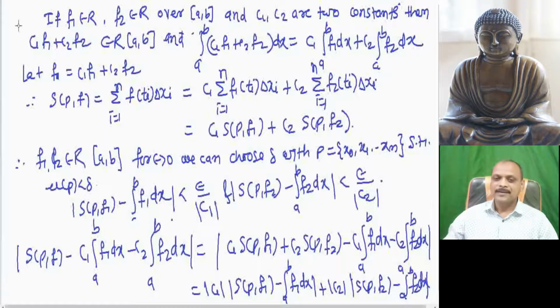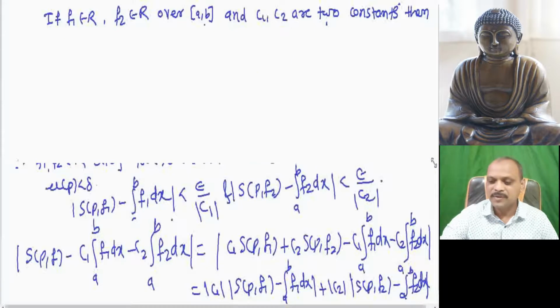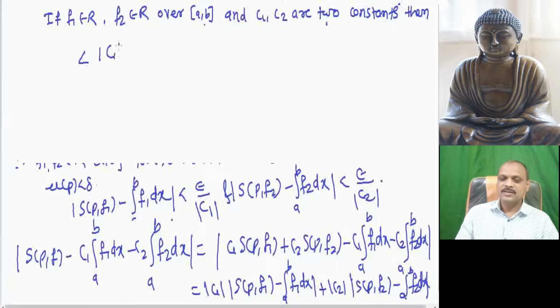Okay, now substituting the upper values, we get that this is less than c1 into epsilon divided by mod c1 plus mod c2 into epsilon divided by mod c2.